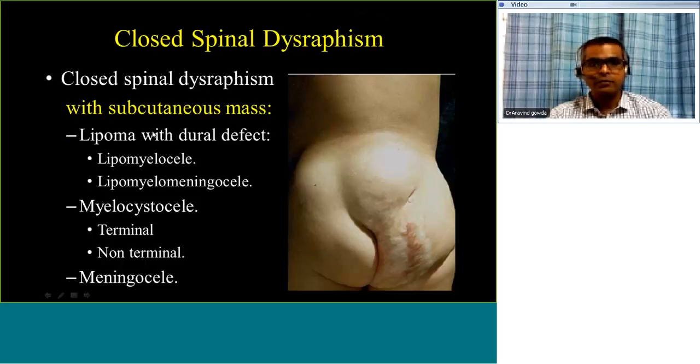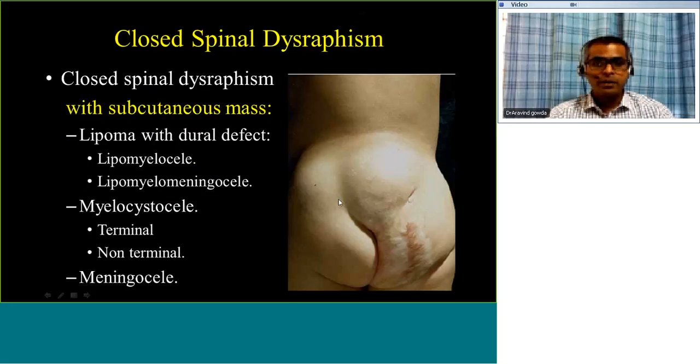So like this, those are the entities which are not associated with the subcutaneous mass. The one with the subcutaneous mass, there are various entities within that, but these are usually seen at the lumbar level. When they are associated with the subcutaneous mass, this mass is usually located above the intergluteal cleft.